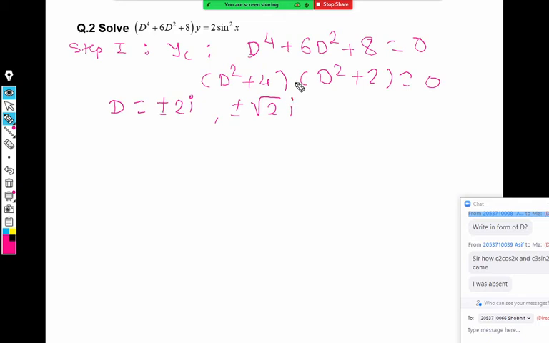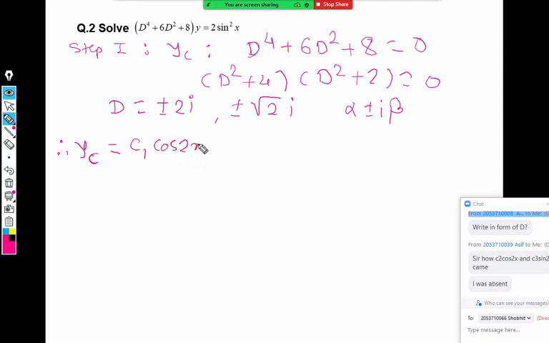Again, if you compare with alpha plus or minus i beta, it says e raised to alpha x times (c1 cos beta x plus c2 sin beta x). So therefore yc will be? E raised to 0x, no need to write it, because e raised to alpha is 1 here.